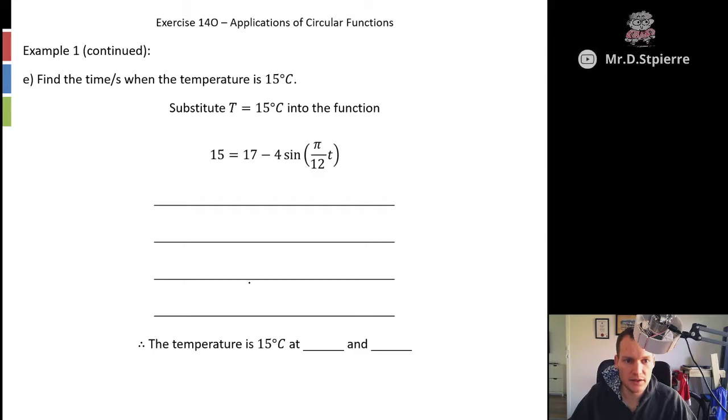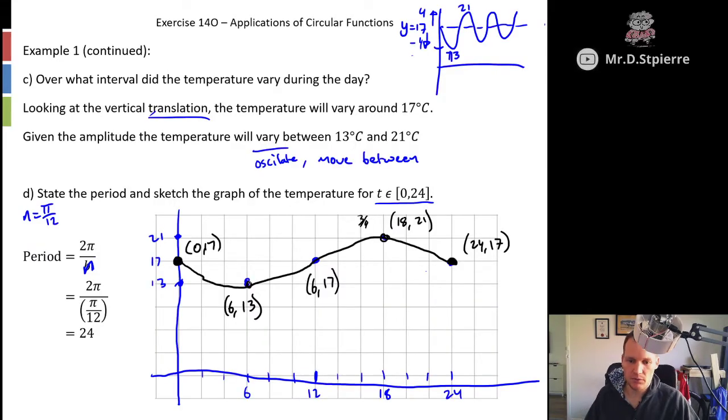And then find the time or times when the temperature is 15 degrees. Before I go on with that, I want to point out, what would it say if the question asks, at what time was the temperature 21 degrees? Well, we can look right here. What time was it when temperature, capital T, was equal to 21 degrees?